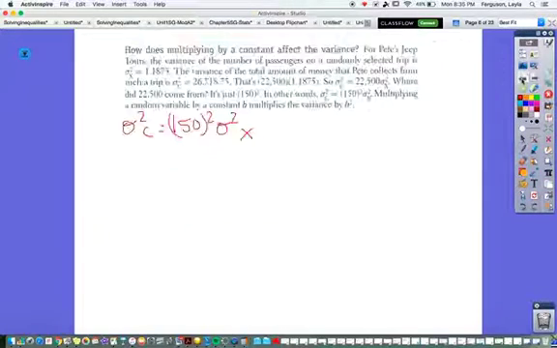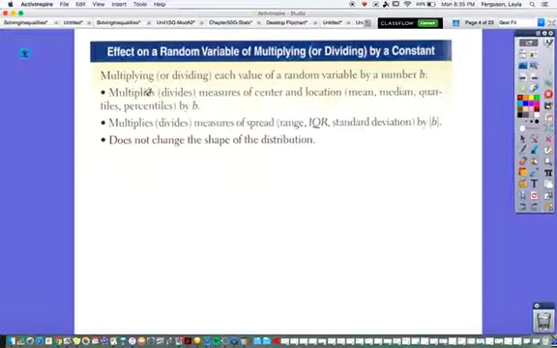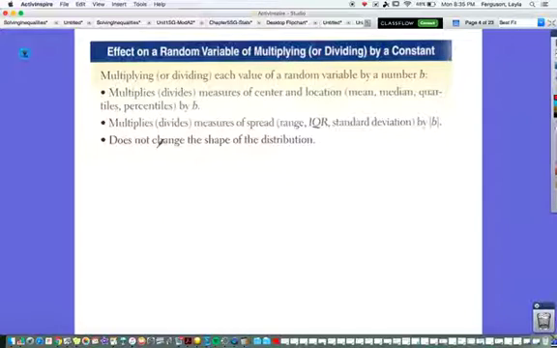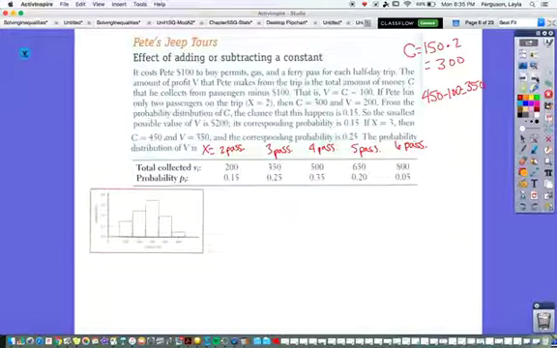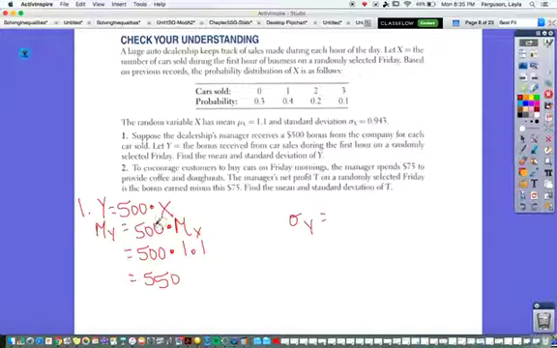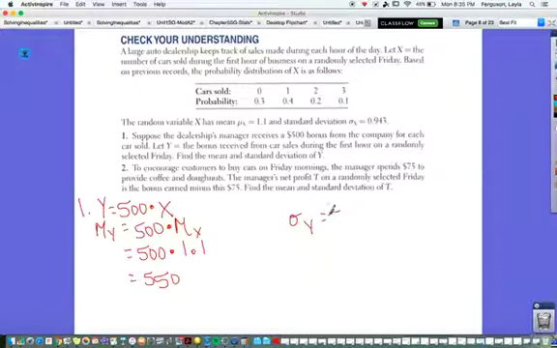All right, using that same concept, I know that if I'm multiplying or dividing by a constant, you also multiply or divide the spread by the absolute value of b. So I know that if I am multiplying by 500, I would take the standard deviation for X and multiply it by 500 as well.